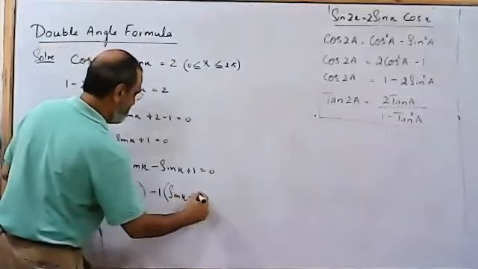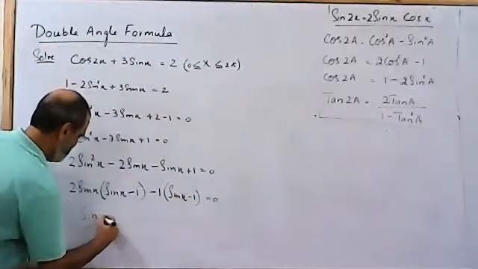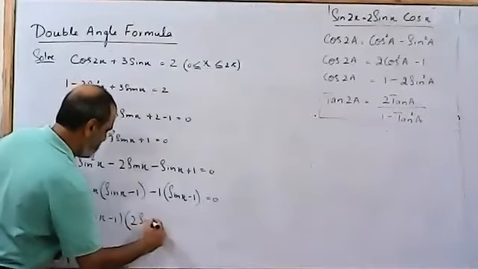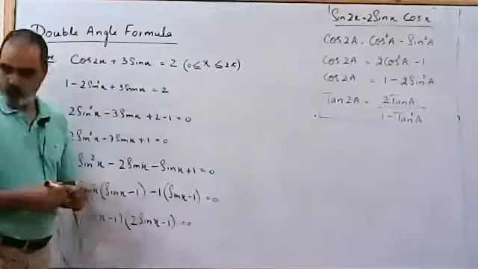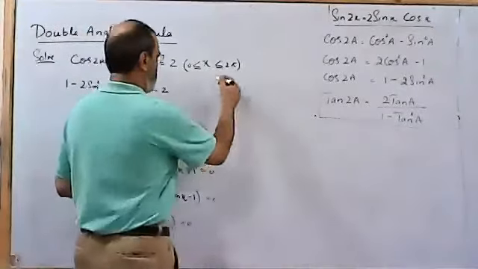So I got the factors sine x minus 1 and 2 sine x minus 1 is equal to 0. Using these two factors, I have to find the values of x.